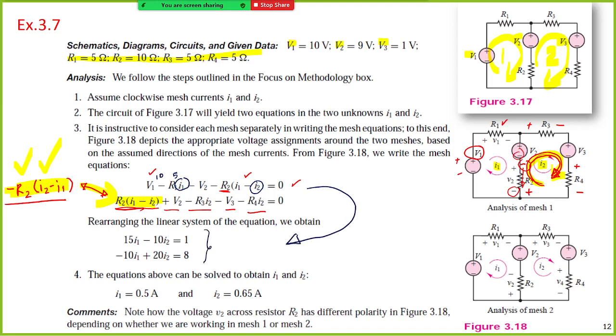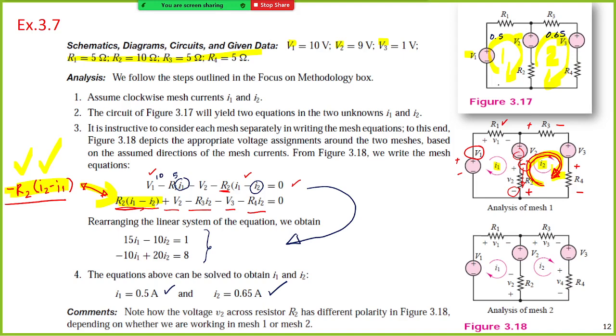After we solve these two equations, I1 is 0.5 and I2 is 0.65. It means that the current flowing here is 0.65 and the current flowing in this mesh is 0.5.